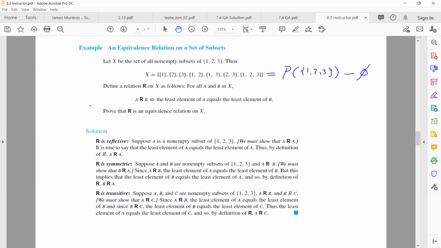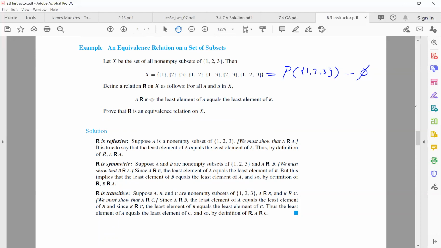Take two subsets, in this case that we are showing reflexivity, A and B must be the same, and A is non-empty. Why is that? Because A belongs to X, and X includes all non-empty subsets of {1, 2, 3}.